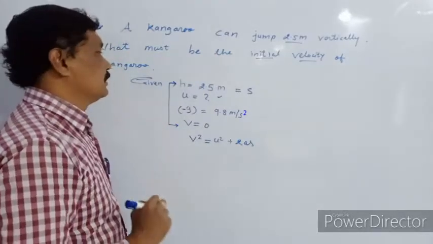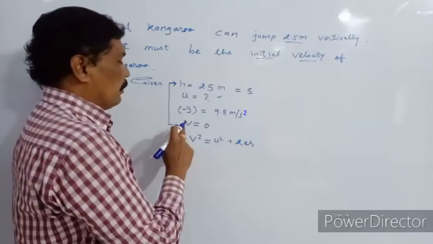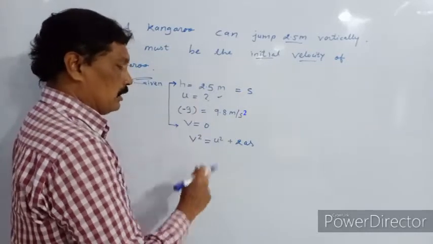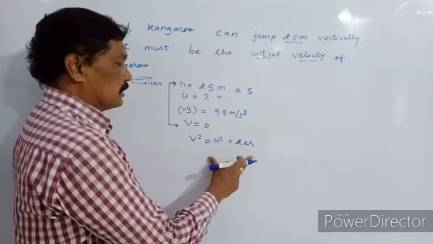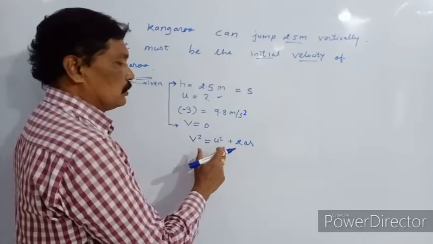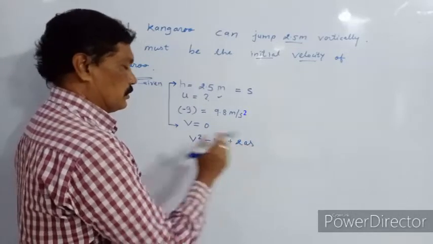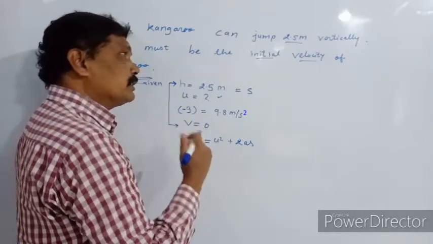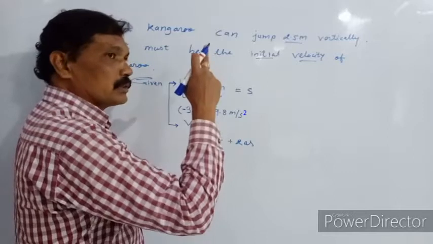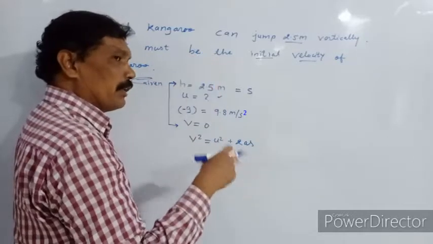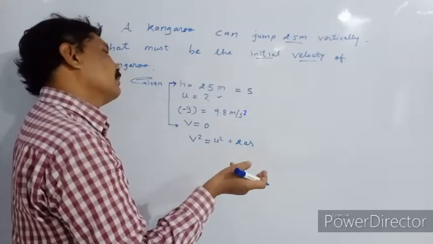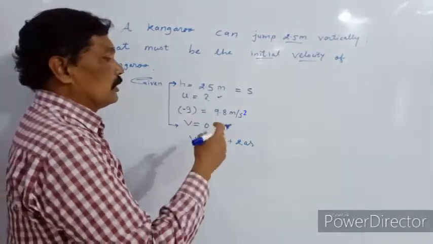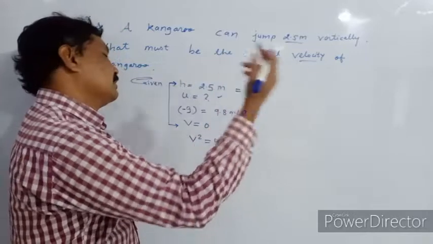We have a relationship here between velocity and displacement, and we have learned one kinematical equation, v square is equal to u square plus twice as. But now the kangaroo is jumping against the gravitational force, so acceleration will get converted into acceleration due to gravity.